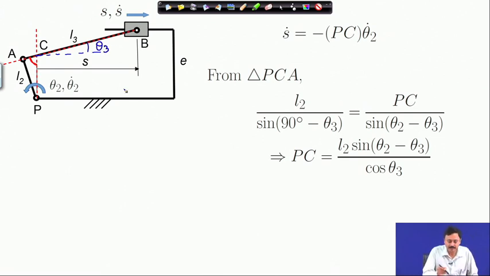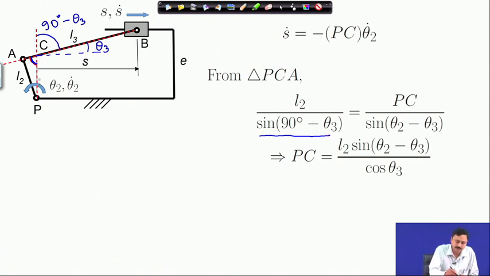So, the angle that link 3 makes with the x axis or the horizontal axis is theta 3. So, therefore, this angle must be 90 degree minus theta 3, and that should also be equal to this angle. So, therefore, L2 divided by sine 90 degree minus theta 3 must be equal to P c.